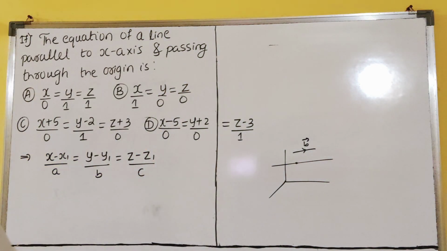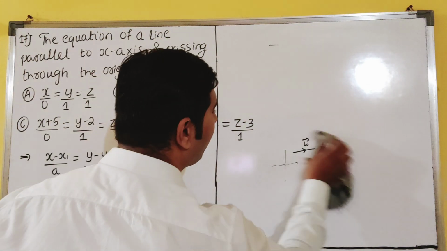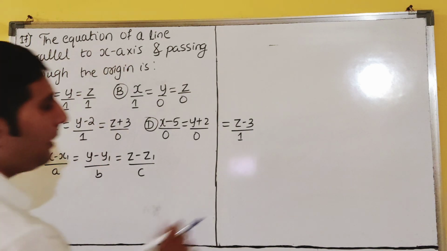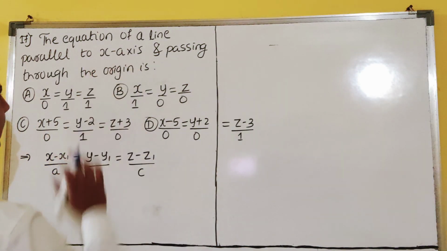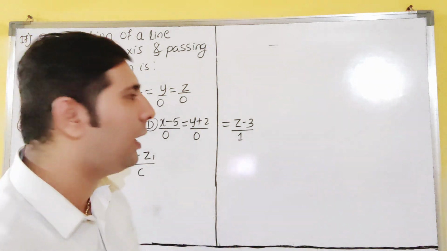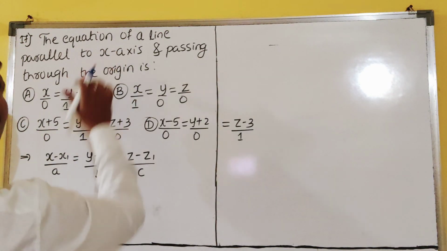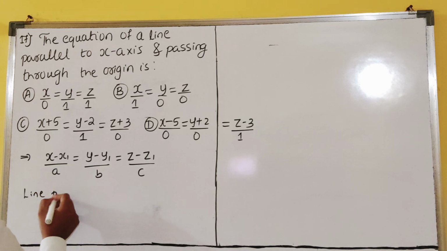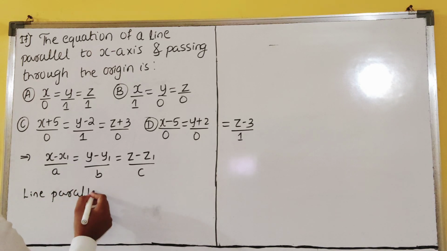So now see here, the equation of line is parallel to the x-axis. If it is parallel to the x-axis, then what are the direction cosines, dear students? If you see here, the line is parallel to the x-axis.